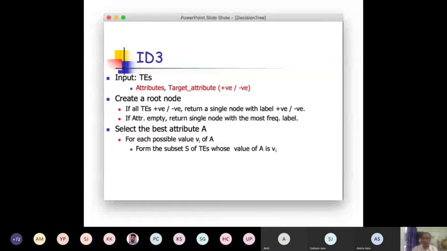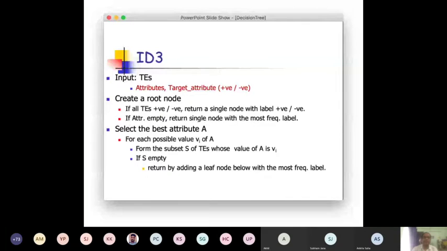Here is the question: suppose this vi is not there. What do you do in that case? Because in your unseen instance, it may happen that at that node, you get an instance with the value vi at that position. There, if S is empty, you should return by adding a leaf node below with the most frequent label.